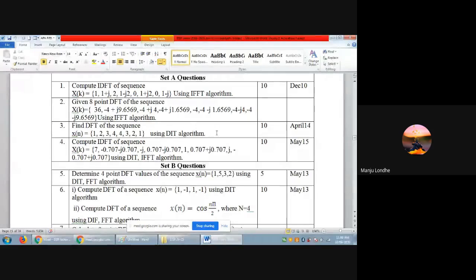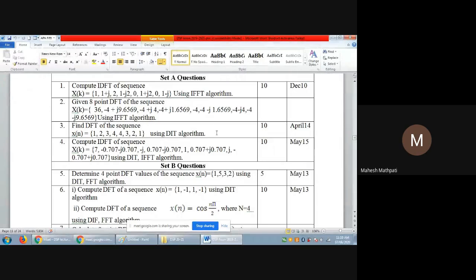Yes, sir. Madam, how do you solve this third question? Using DIT algorithm. Can you tell me the points? What is the procedure, what is important here?